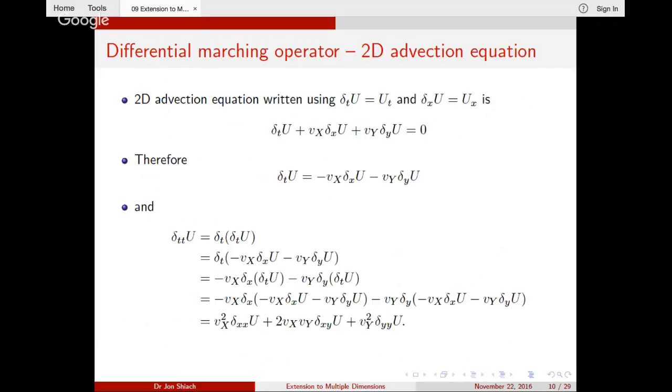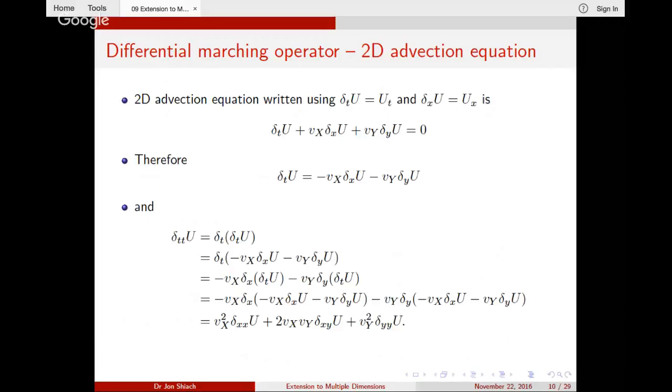That's where the 2 comes from. And we've also got minus Vy times minus Vy, Vy squared: first derivative of y applied to the first derivative of y is a double derivative. So exactly the same as the 1D case.